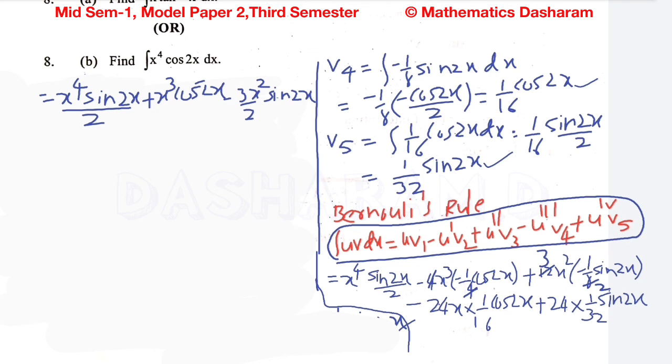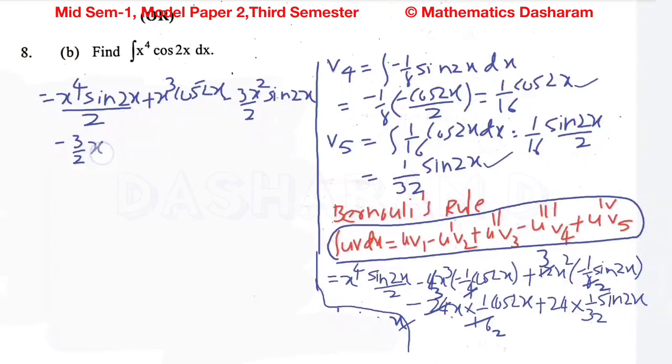Next, 24 and 16 both come in the 8 table, 8 2s are 16, 8 3s are 24, minus 3 by 2 into x into cos 2x. Plus, here 24 and 32 both come in the 8 table, 8 3s are 24, 8 4s are 32, so 3 by 4 sin 2x, and add one constant c.